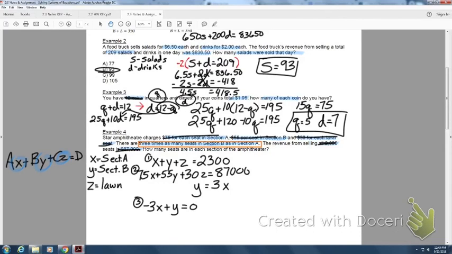Okay. Now if you remember last time, I highly recommended that you label the columns. That way you can go through. So I'm going to go down by each column. My coefficients for x are 1, 75, negative 3.